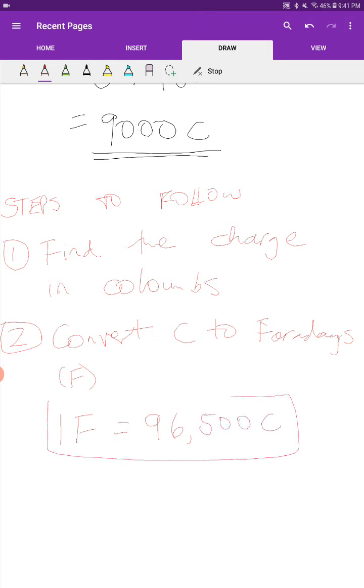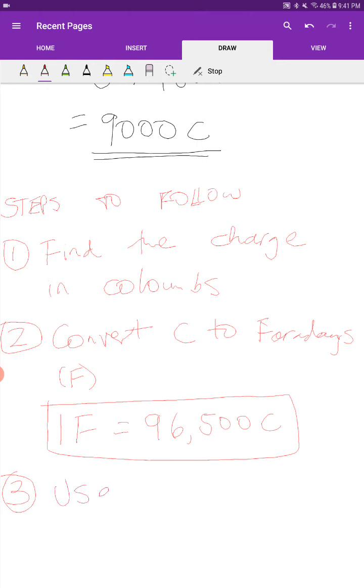That's one of the constants in chemistry that you will most likely get within your question. But if you don't get it, you know that 1 Faraday is going to be equal to 96,500 coulombs.